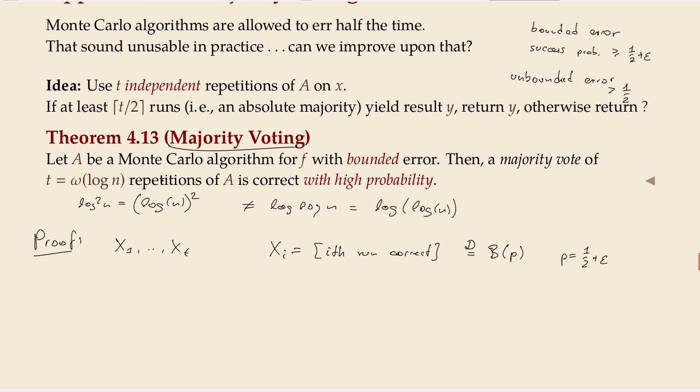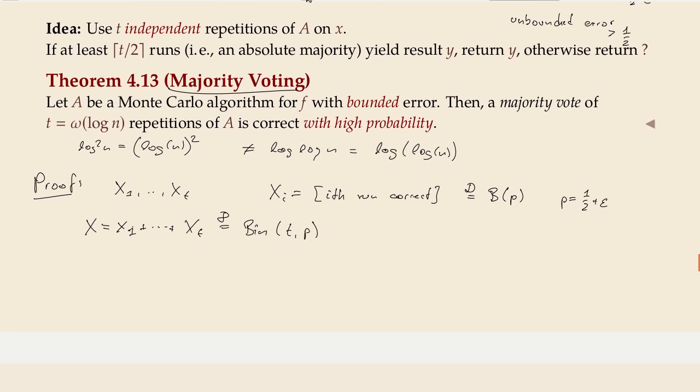Okay, that just means the sum of these is binomially distributed with t repetitions and probability p each. So we can directly apply Chernoff bounds.